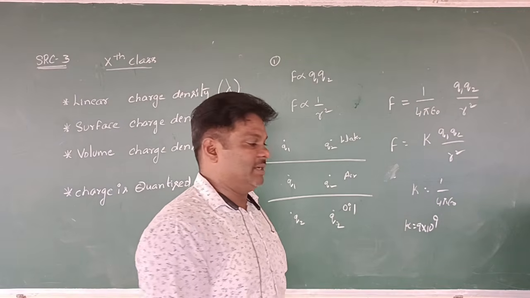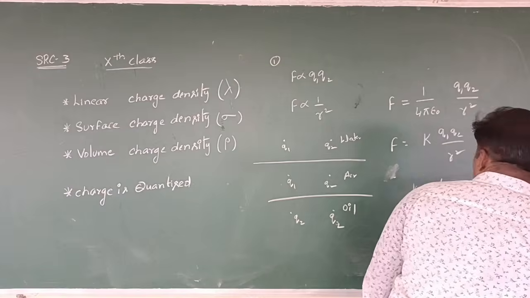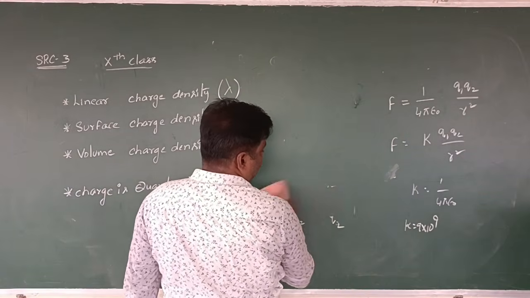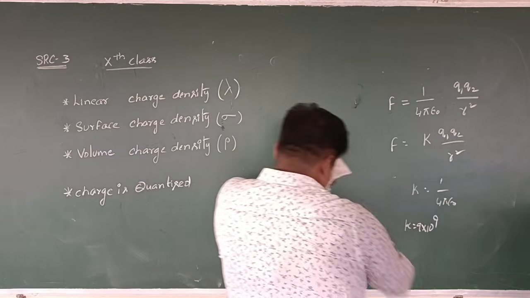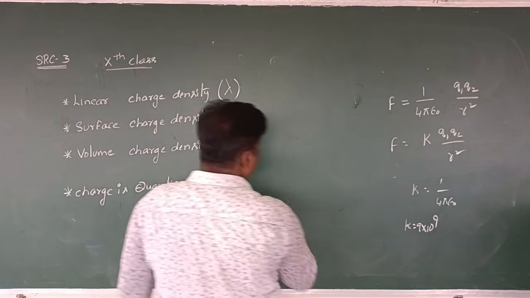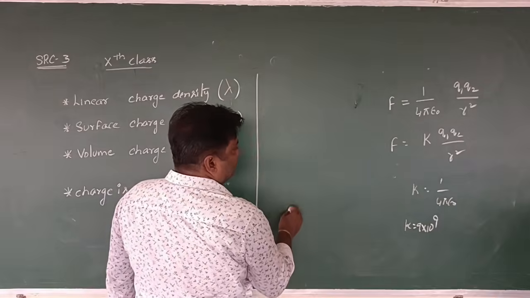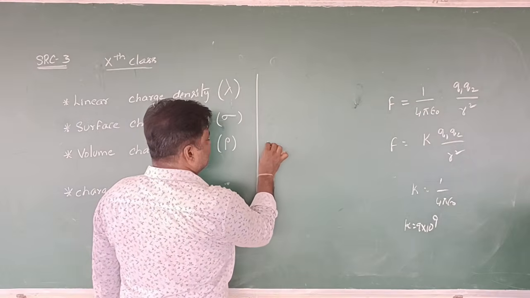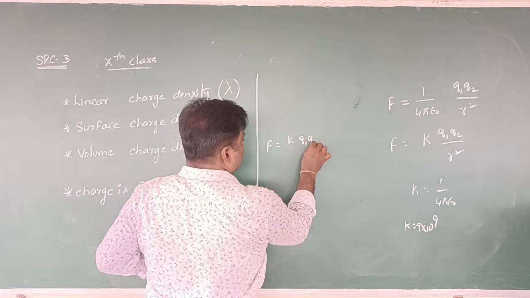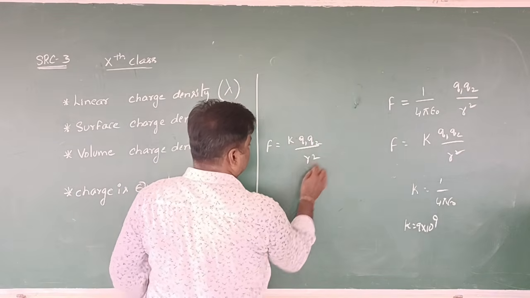Now let's go through this one. How to find the units for K? I'm getting cold, that's why I'm unable to stand in front of you. Please don't mind. F is equal to K Q1 Q2 by R square.